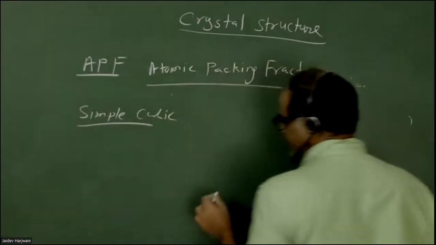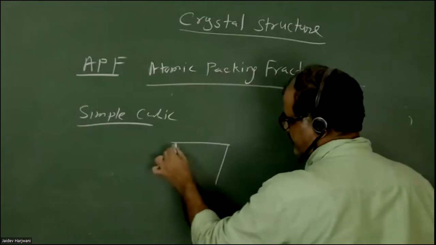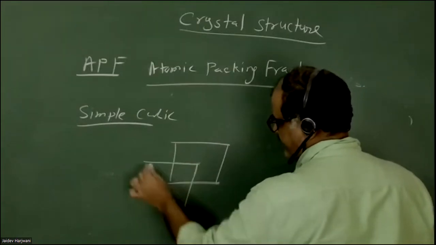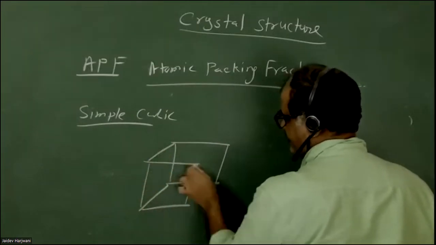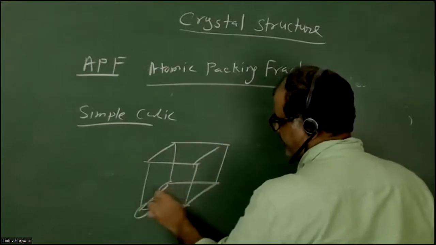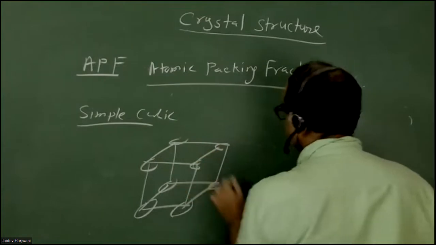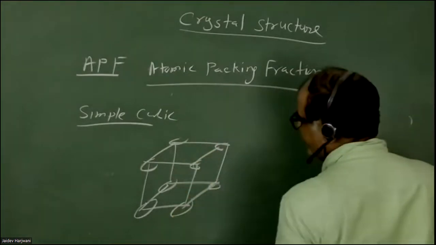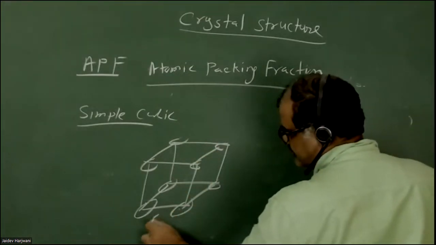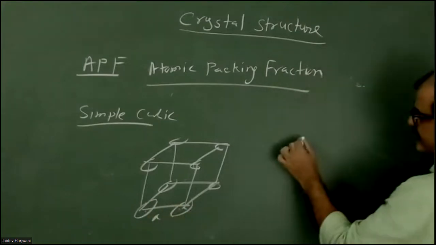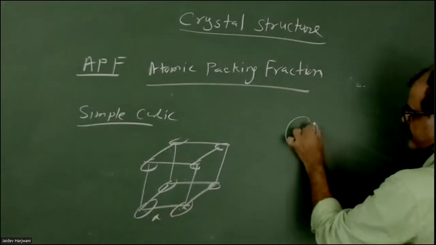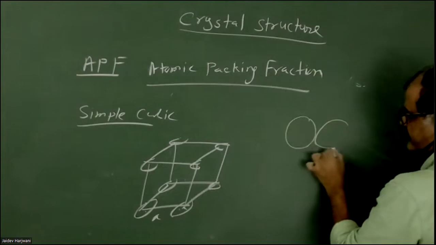So I have this simple cubic. I have atoms at the corners, and I told you these atoms are all touching each other. So if I want to find the relation between the lattice constant and the radius, I can find it easily because these atoms are touching each other.